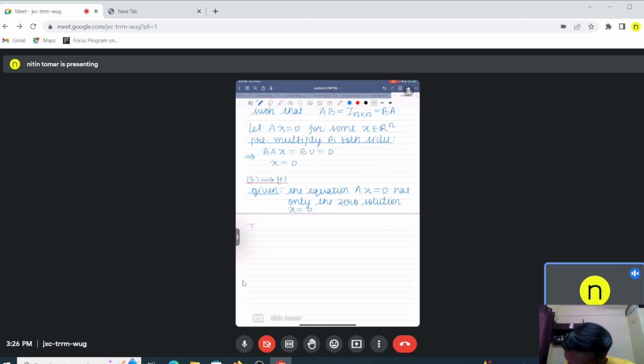Now you have to show that there is a matrix B such that AB is identity and is the same as BA.